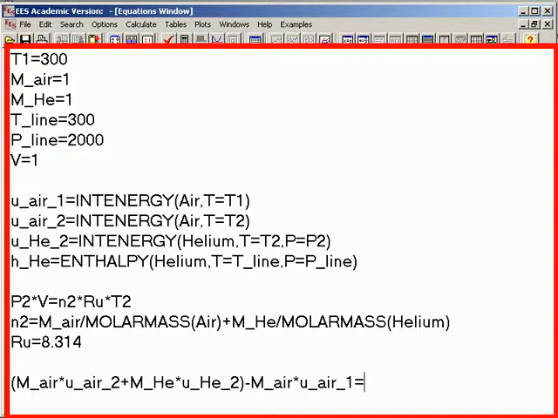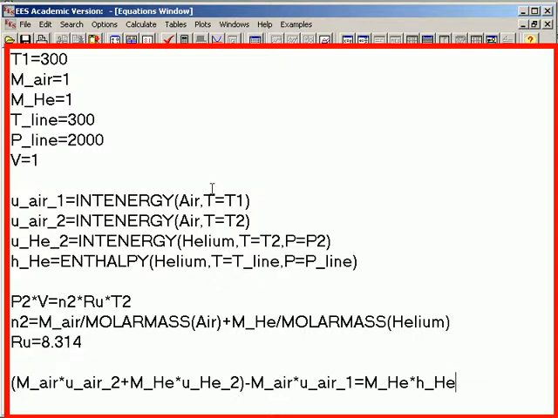And that is going to equal the mass that's been added, which in our case is the mass of helium, times the enthalpy of helium. EES is not case sensitive, but just for consistency, I choose to make all the variables look the same. So in principle, we should be able to solve if I haven't made any typing errors.